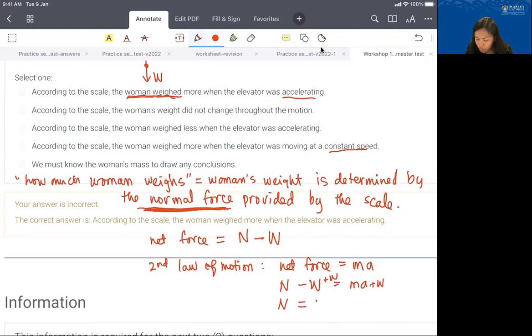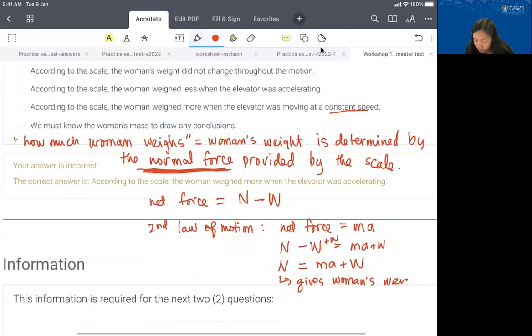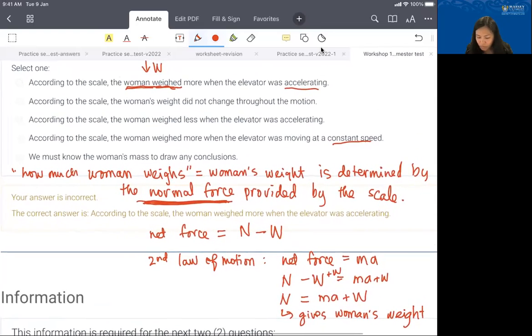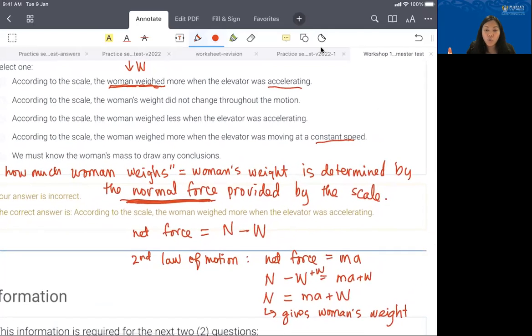So the normal force will be equal to mass times acceleration plus the weight force W. The normal force gives the woman's weight according to the scale, what the scale reads.